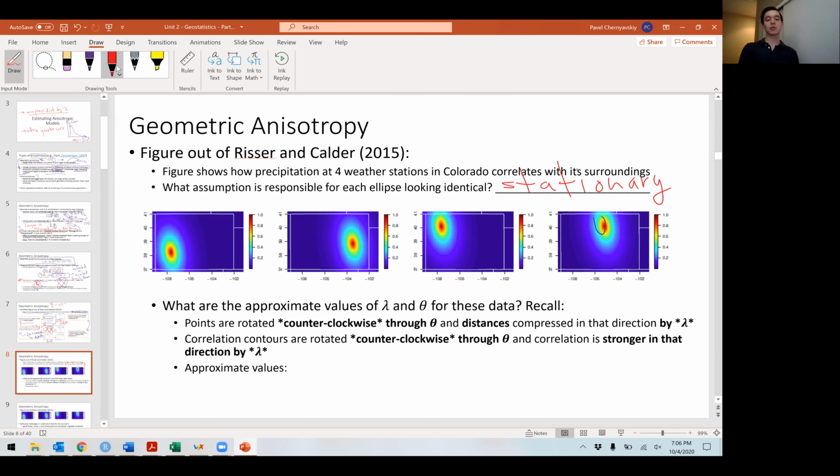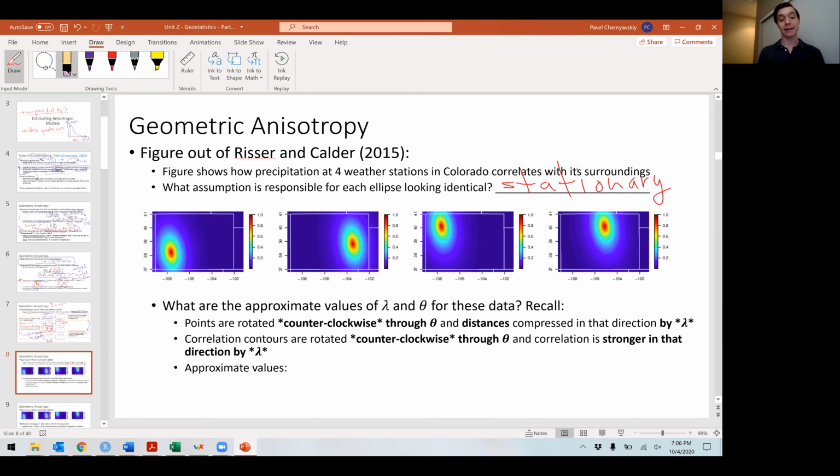The nature of spatial correlation depends on direction, not on location. If we allowed those ellipses to be different, so maybe the leftmost ellipse would be pointing in this direction, the rightmost ellipse would be pointing in that direction, that would be an example of non-stationarity. We're not talking about that right now.